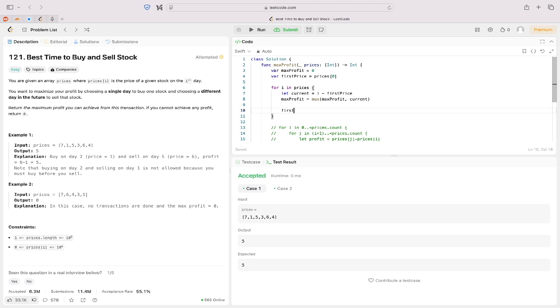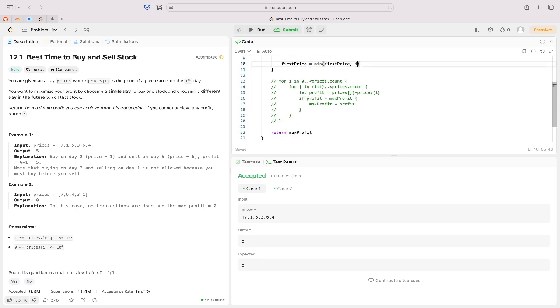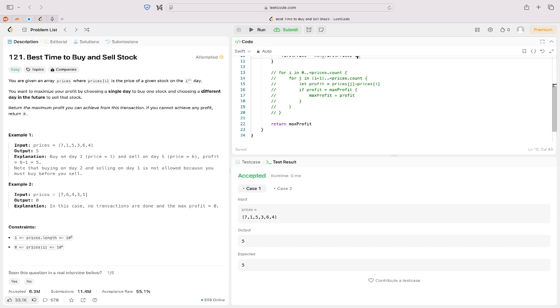Okay, the naming is pretty bad for this because it's not going to be first price anymore. It's just the lowest price we've seen, but we're going to update this the same way. So we have our max and then we'll have our minimum. And then we return max profit the same.